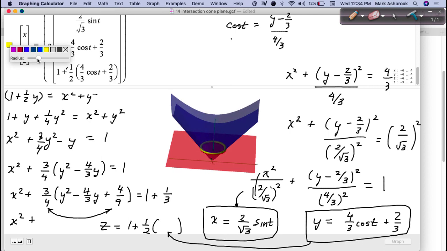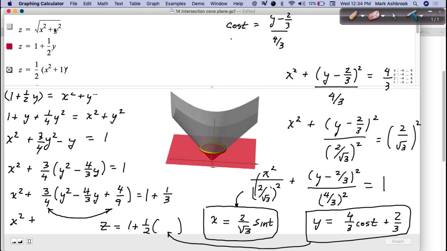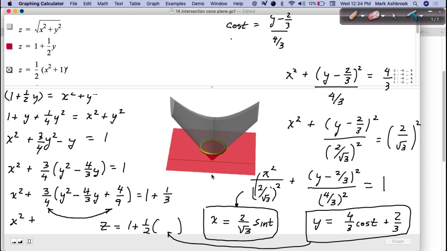You see it? There we go. So you get another elliptical cylinder running down parallel to y. If we were to combine the x and z and figure that out, we could get the equation of an ellipse, and that would be that elliptical cylinder.